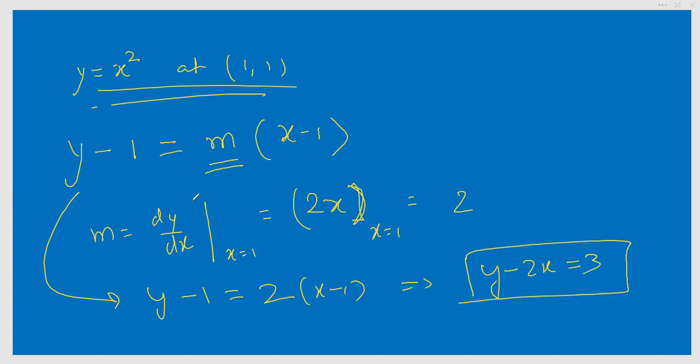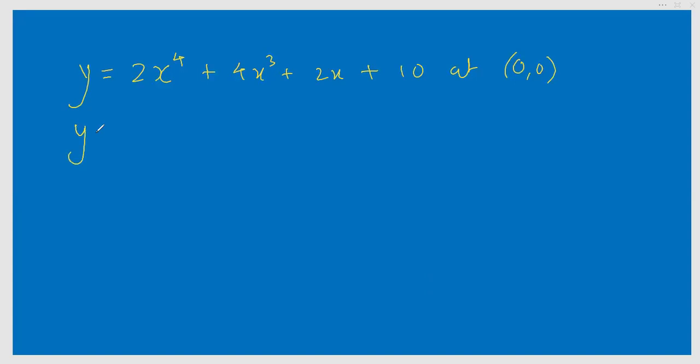Now, let us take one more example. Let's say the question says: find the equation of tangent to the curve y is equal to 2x^4 plus 4x^3 plus 2x plus 10 at point (0, 0).